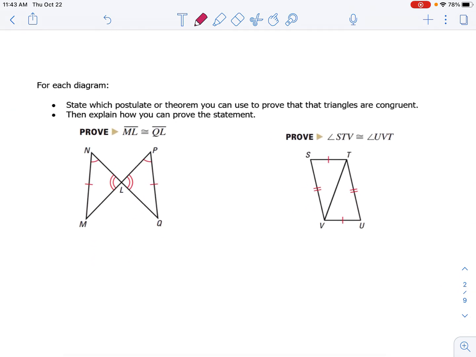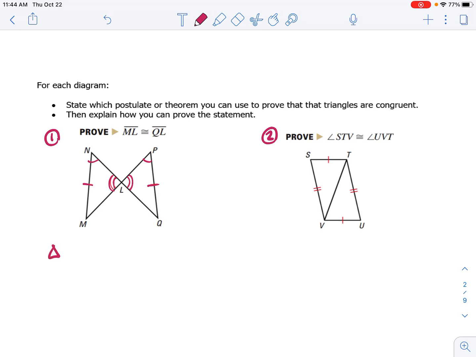All right, so we're going to look at these two problems, number 1 and number 2. We are going to state which postulate or theorem we can use to prove that the two triangles are congruent in each figure. Then we're going to explain how we can prove this statement. So step 1, looking at these two triangles, we have a double tick mark, so an angle and a side.